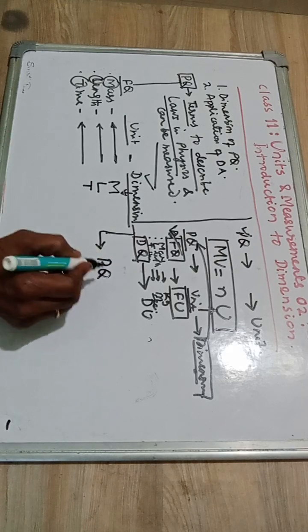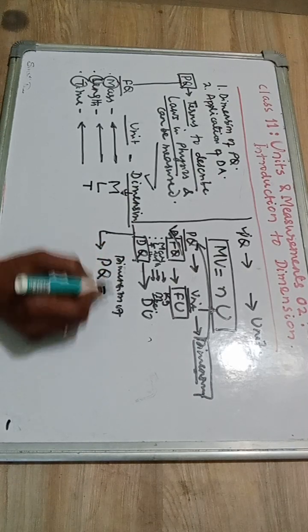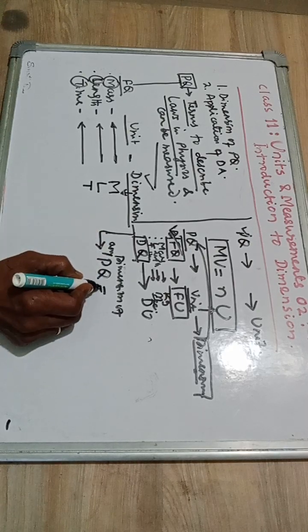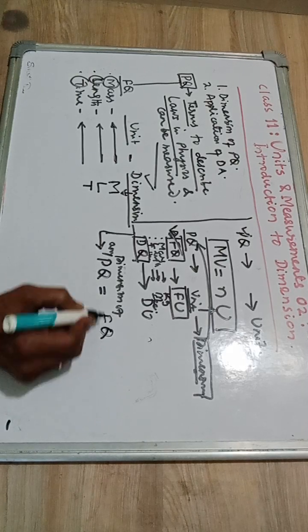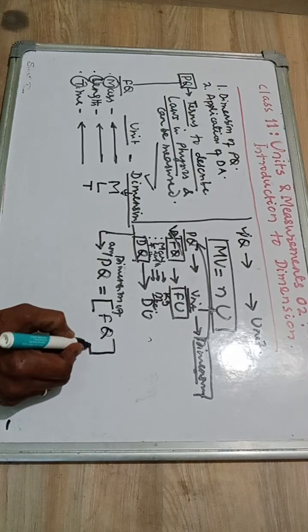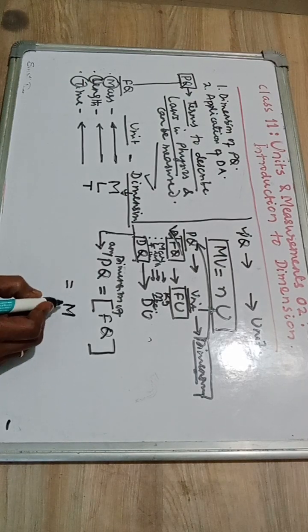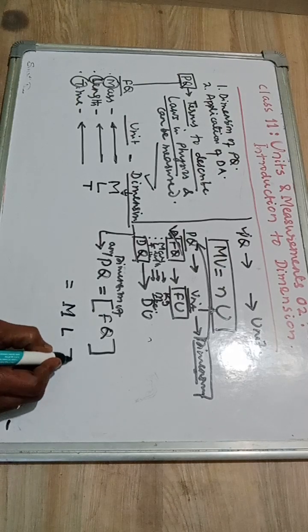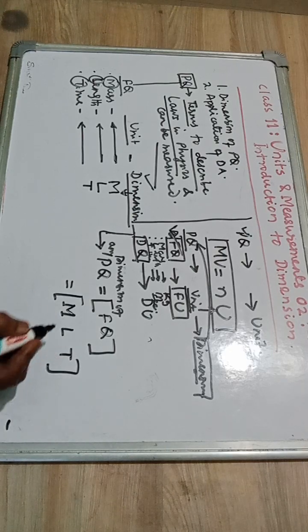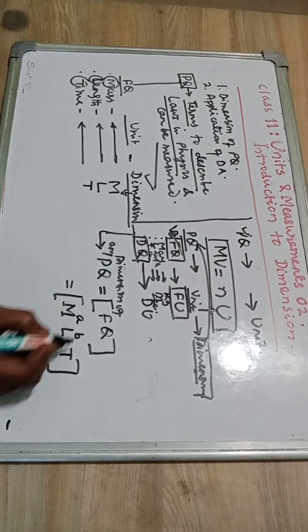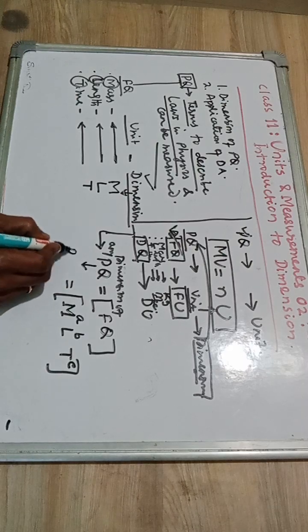That means dimension is an expression. The dimension of any physical quantity is its expression in terms of fundamental quantities, expressed within a bracket, where these fundamental quantities M, L, T are given their powers or exponents, let us say A, B, and C. This indicates dimension.